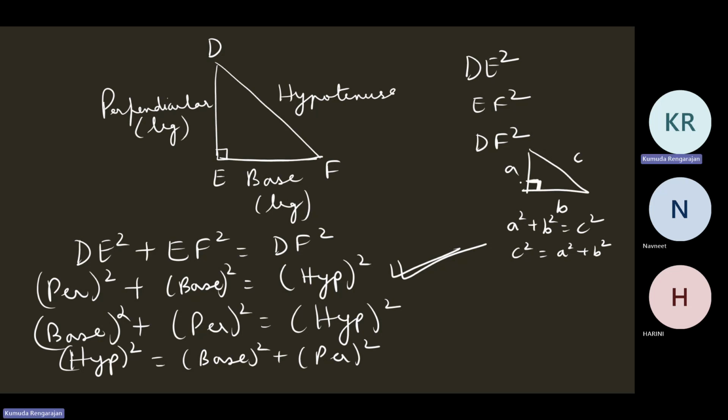The three sides are marked A, B, and C. Clearly, C is the hypotenuse because it's opposite the right angle. So you must square that and write it separately on one side. It will not come with any other. So the result by Pythagorean theorem is A square plus B square is equal to C square, or C square is equal to A square plus B square.